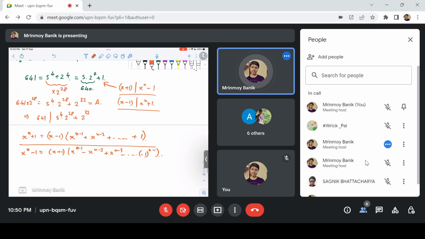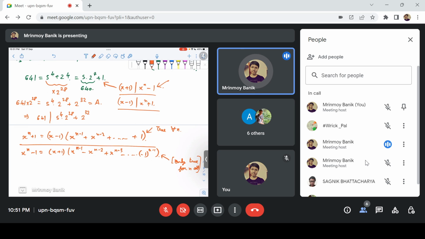I guess this expression only holds for odd n, but the other one always holds, true for all n. And we need the first one here in this case. So we need x plus 1 divides x power n minus 1.